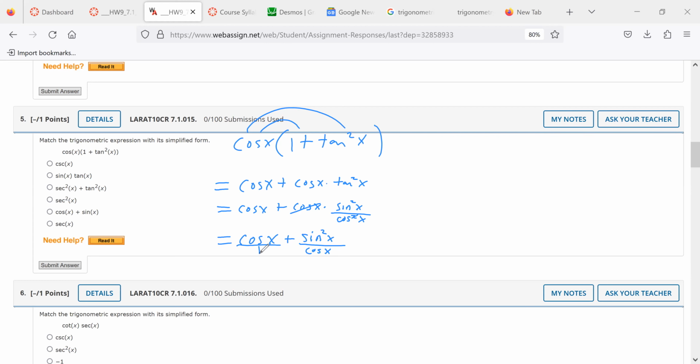This is just a one, right? So multiply both top and bottom by cosine.